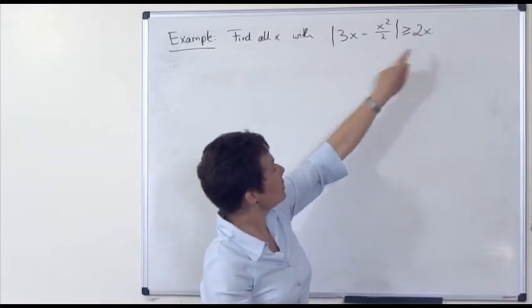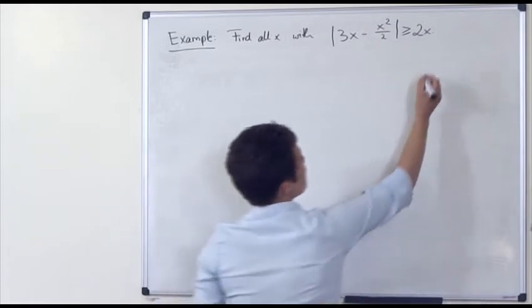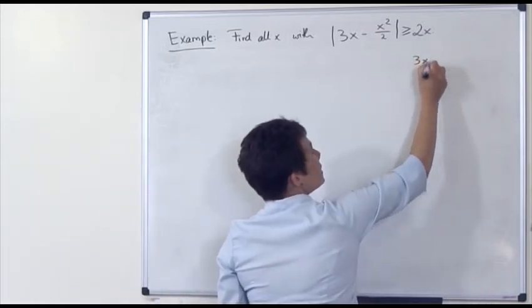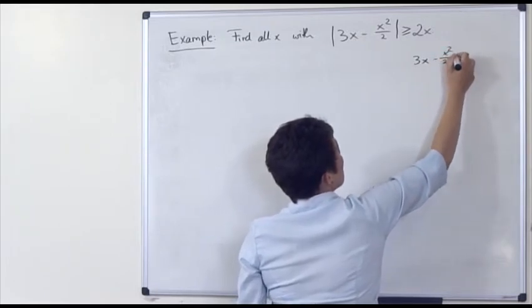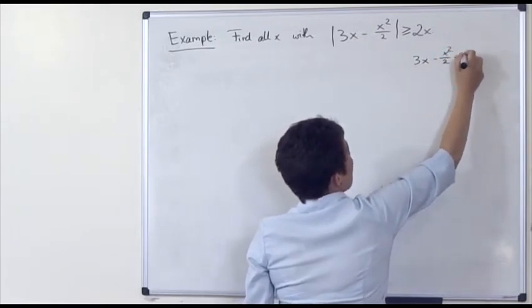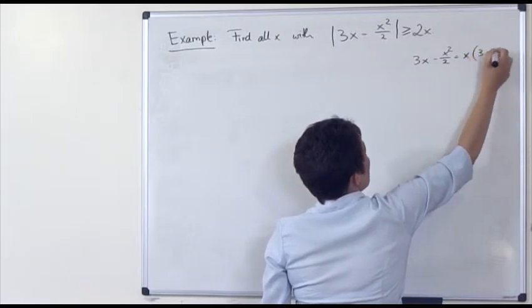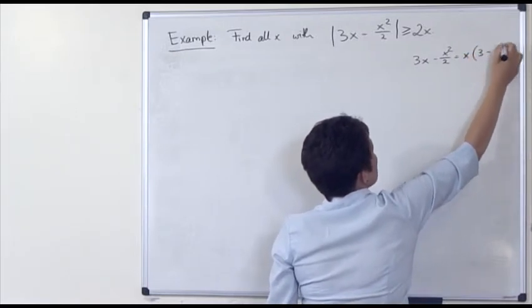So the right hand side will be easy, but the left hand side I'm going to first manipulate a bit. So 3x minus x squared over 2 factorizes into x times 3 minus x over 2.